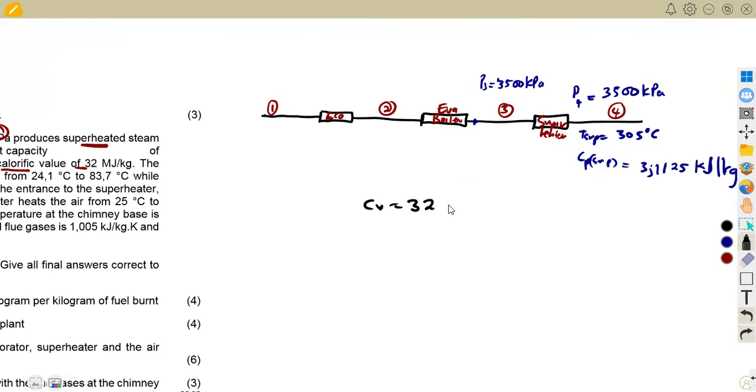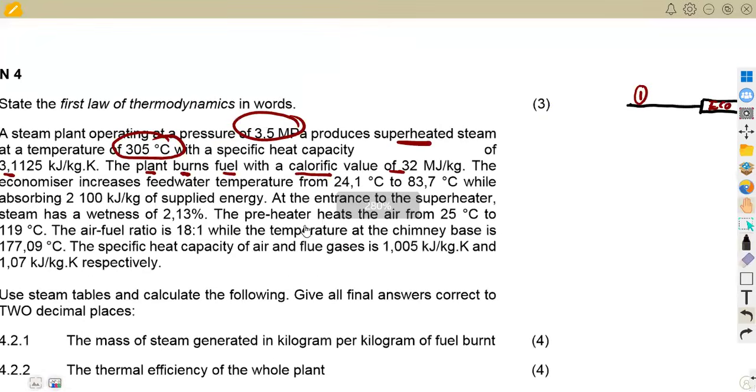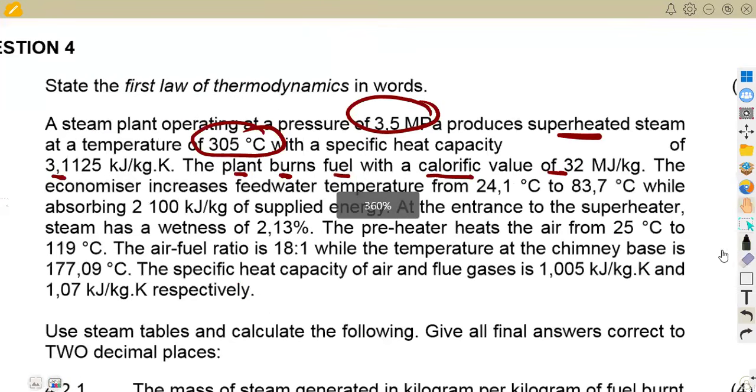We multiply by what? By 1,000. So that will be 32,000 kilojoules per what? Per kilogram. So there we've got that is right. I'm writing CV, this calorific value. Okay, I hope it's clear. That's your heat value.